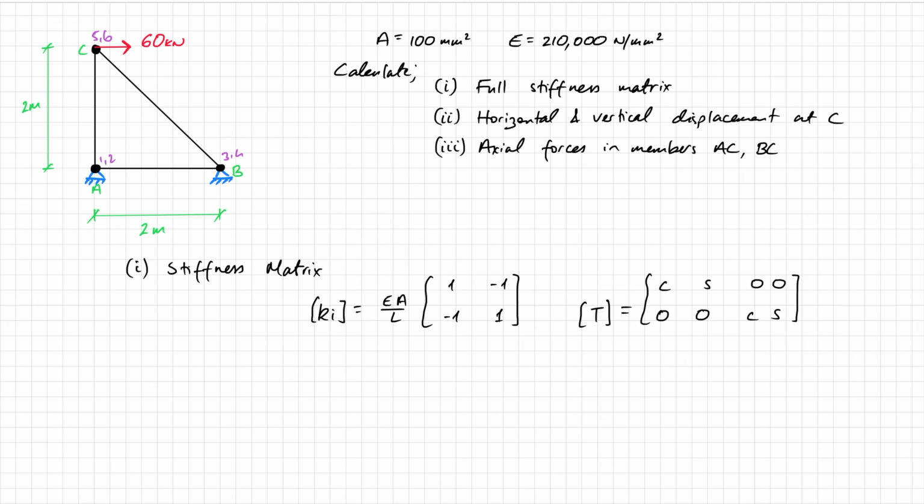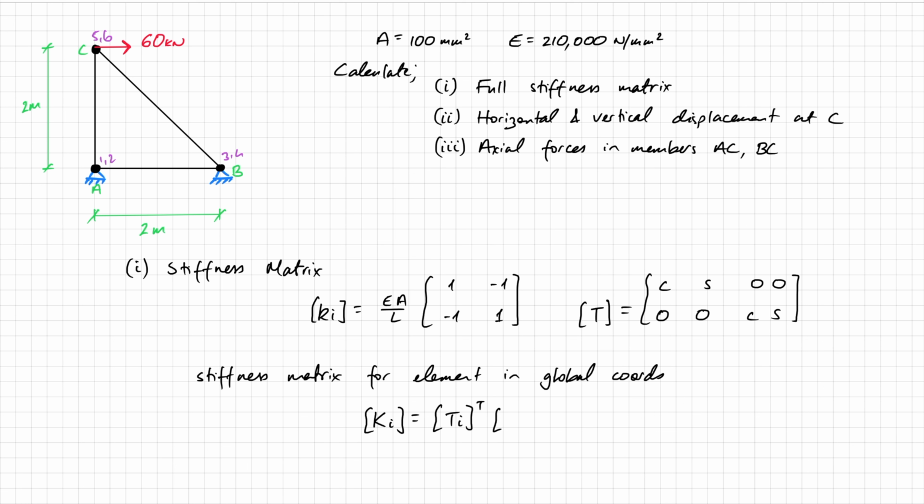To get the stiffness matrix for an element in global coordinates, Ki equals the transformation matrix transposed times the local stiffness matrix times the transformation matrix once again.